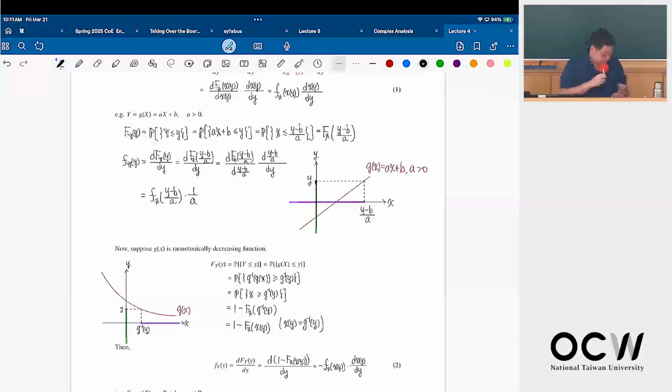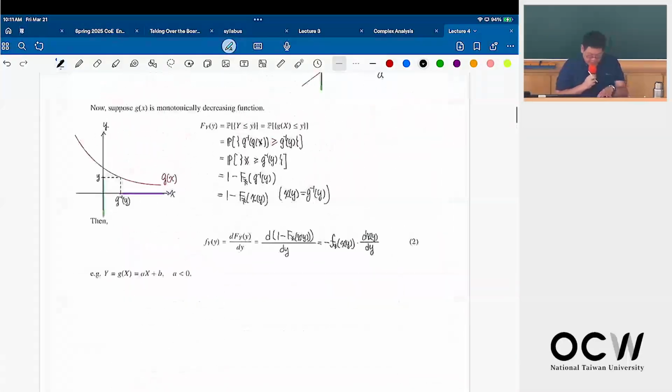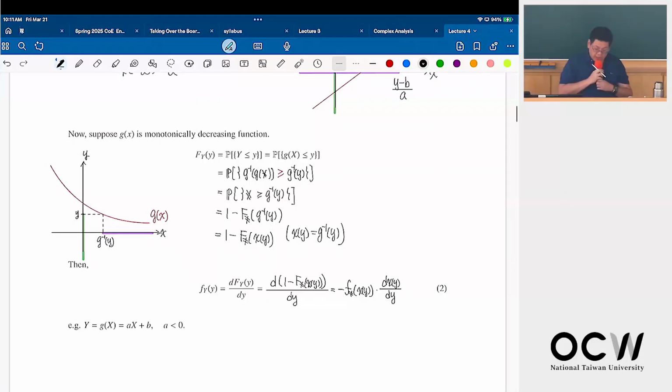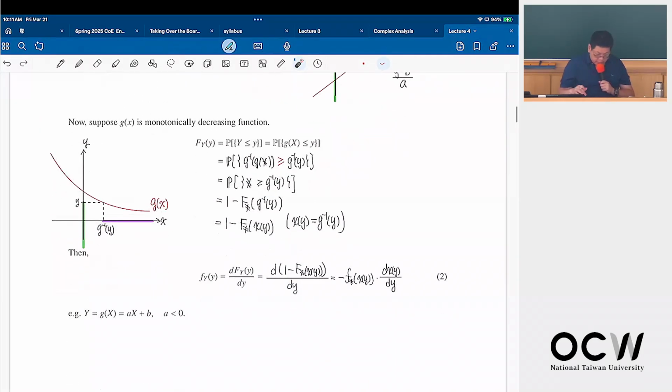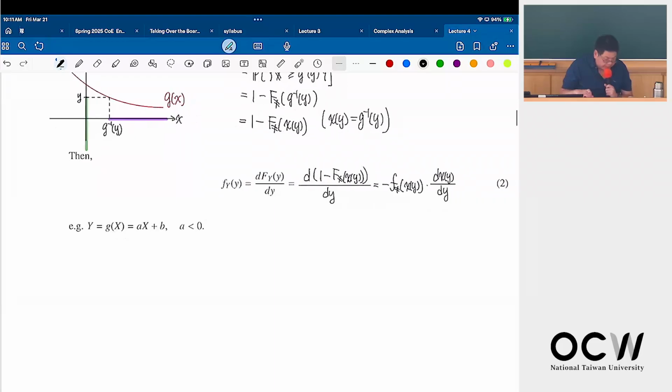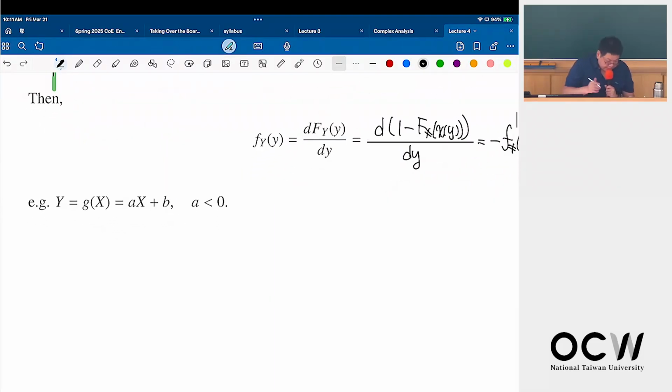Let's continue with this example. Now, since a is less than 0, this function is monotonically decreasing. Then what is the PDF of the variable y? To find the PDF, we find the CDF first.